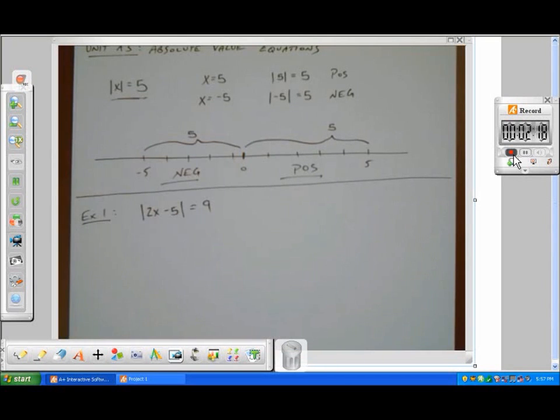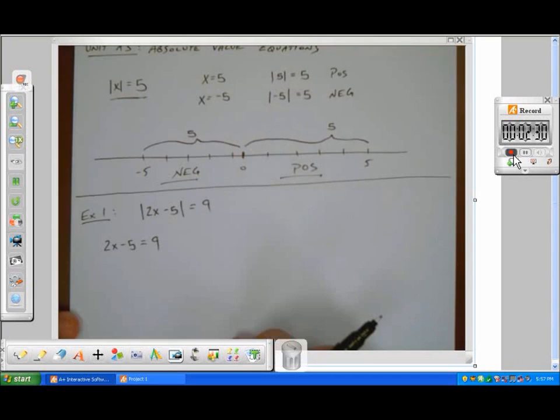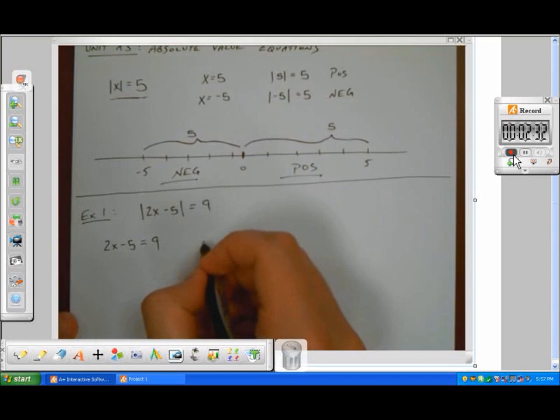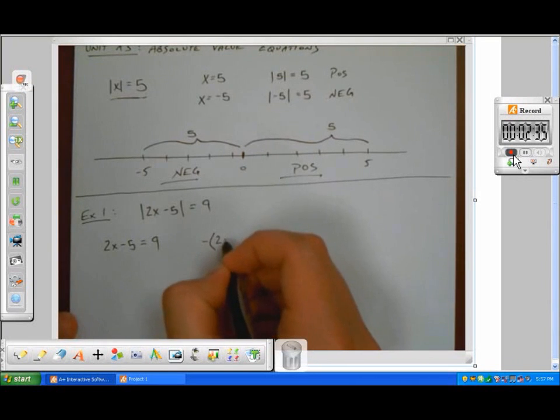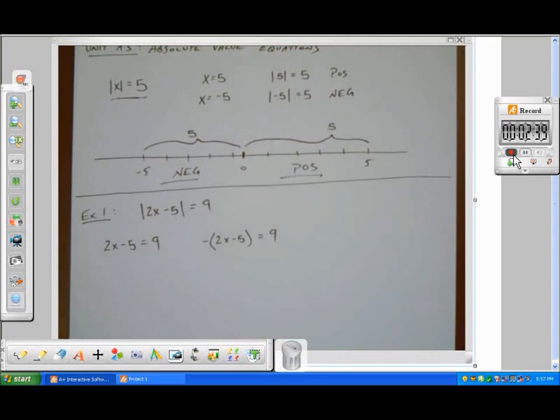The first thing we always want to do whenever we have an absolute value equation is write the two different possibilities. One of them is positive, and the second is negative. And watch how I write this. So these are the two possibilities. These are the two equations that will help me find the two correct answers.